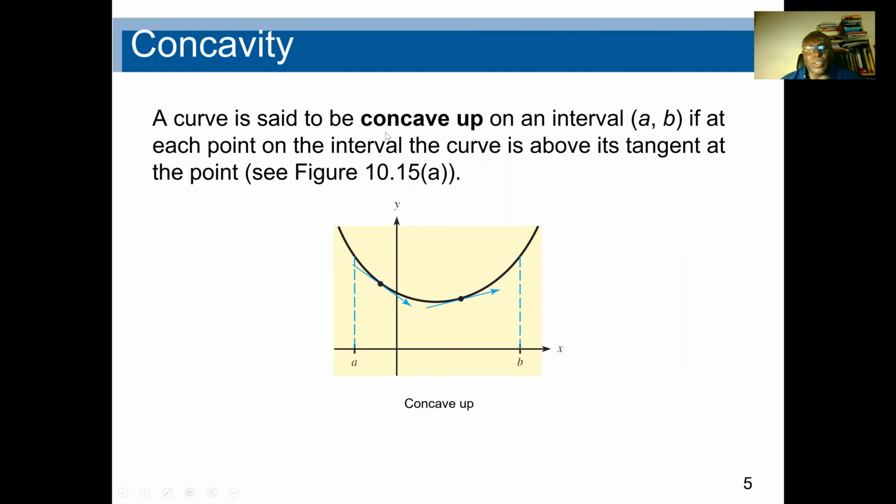So we have a concavity, either concave up or concave down. So what is concave up? Here we say a curve is said to be concave up on interval A and B, if at each point between that interval, as far as the curve is above its tangent line, it is concave up.